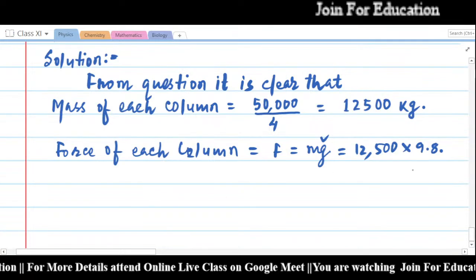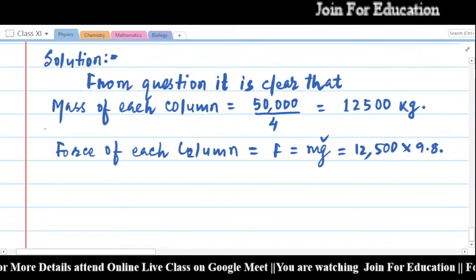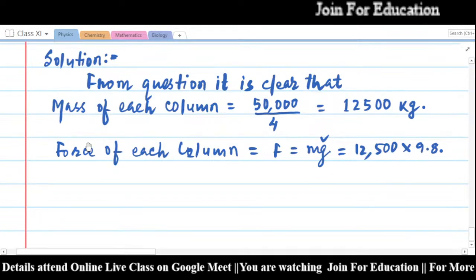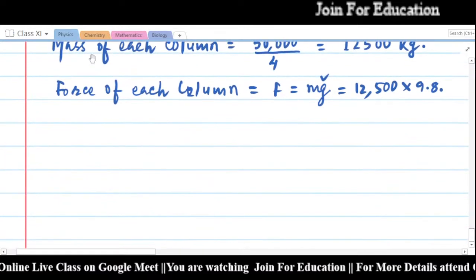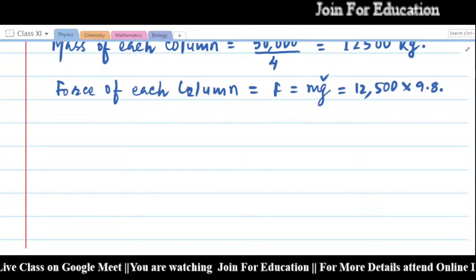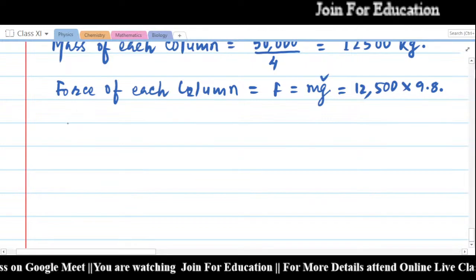There is no problem to understand up to this step. Now we find out the area of each column, or cross sectional area of each column.